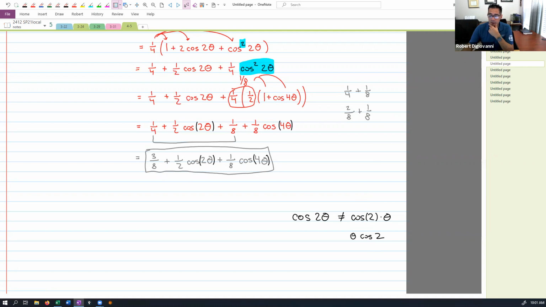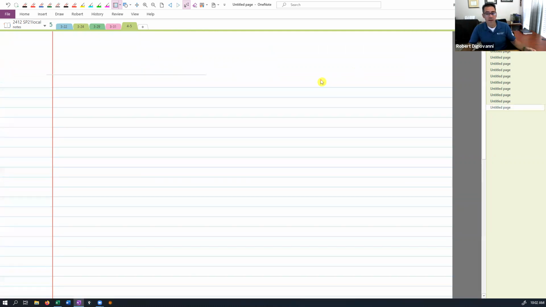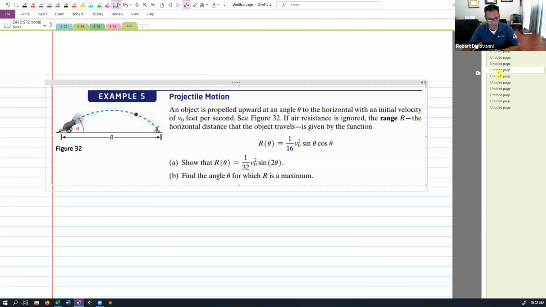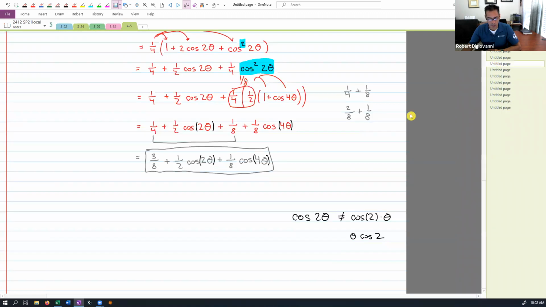All right, I want to give you one now, and I'm going to give you about 8 minutes. Let's see how you can do with this. I'm going to do it on the other page, that way you can go back and reference it if you need to. Where's the one I just did? Here's the one I just did.